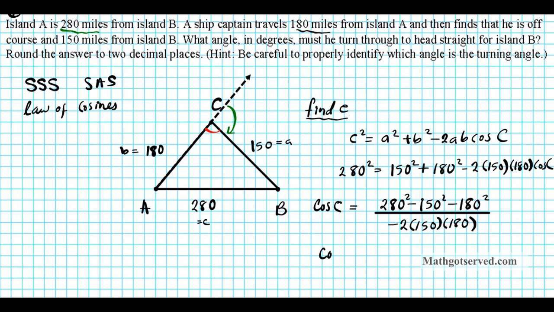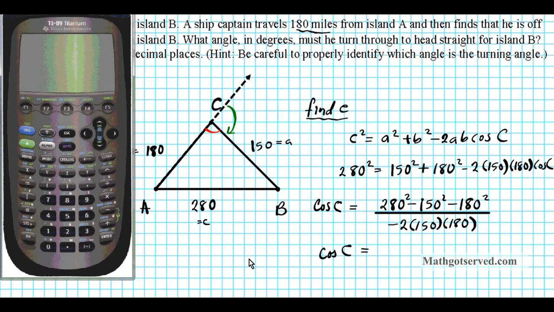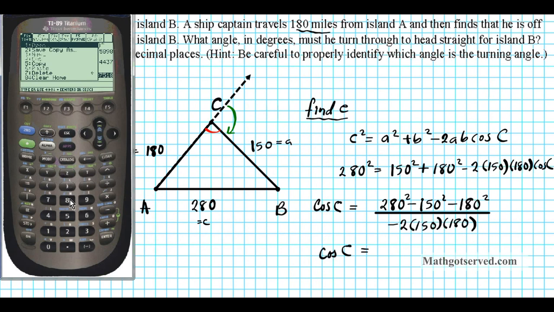So let's plug this into our calculator, and then we'll take the inverse cosine to figure out what the value of angle C is. Alright, so let's go ahead and do that. We'll have 280 squared. Be sure to group the numerator in parentheses since you have multiple terms being combined with each other there.